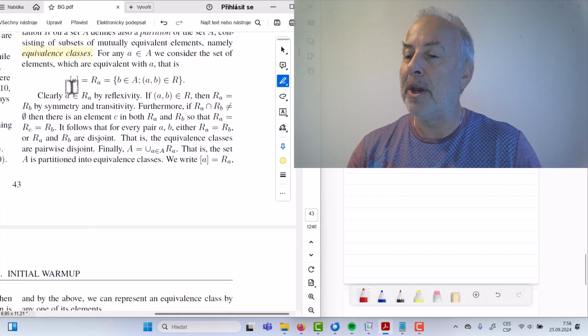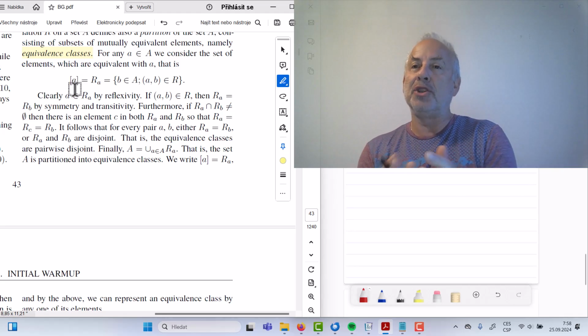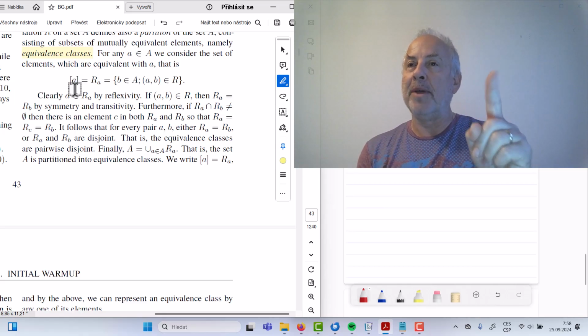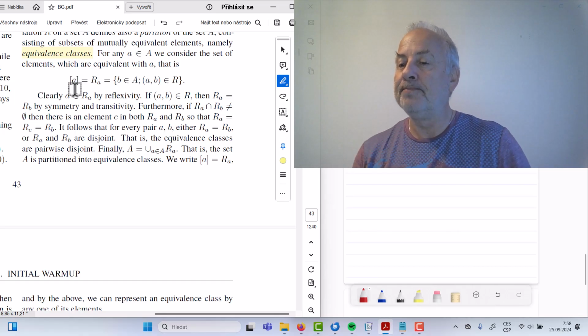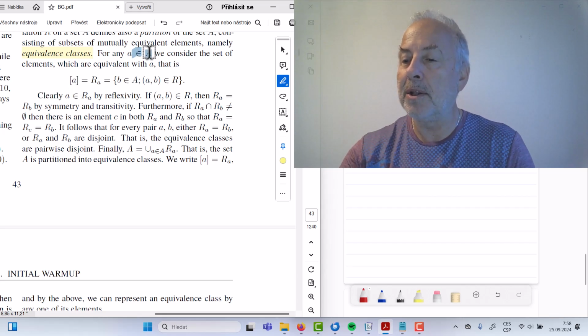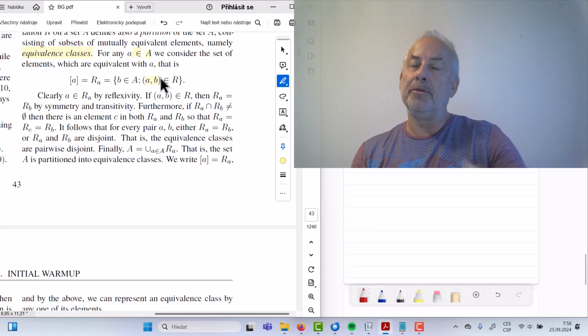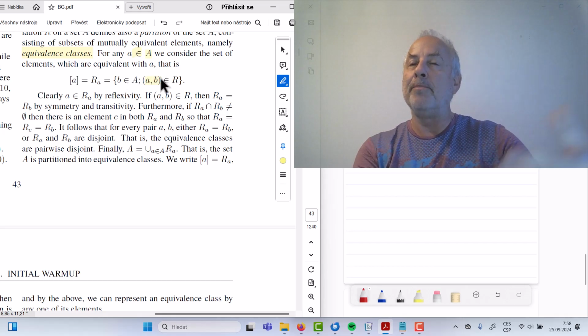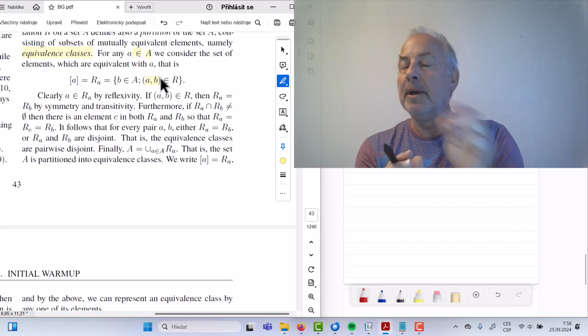So imagine you have such an equivalence. What you do, in a computer for example, is pick one element A from your basic set, then look at all B's in the set which are equivalent with A, and collect them into a folder, right?